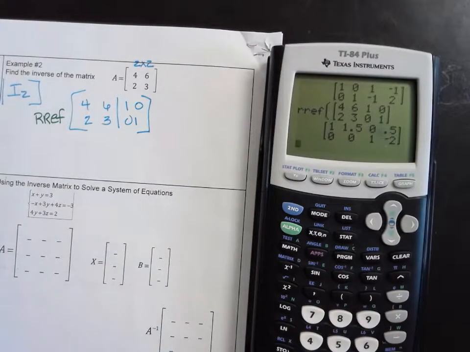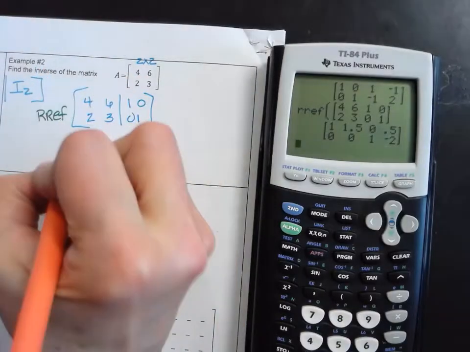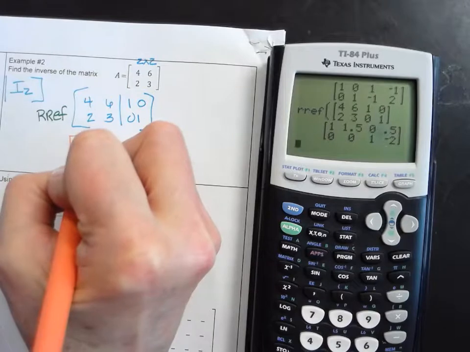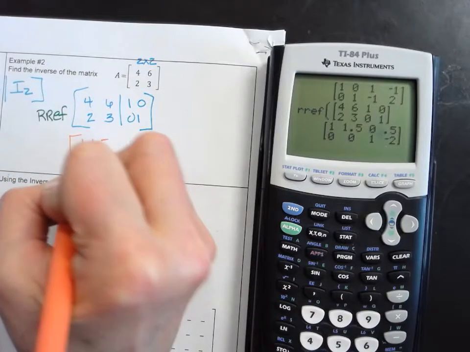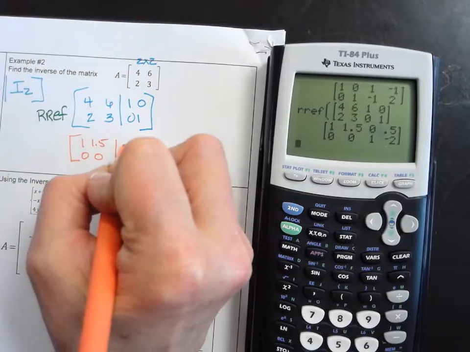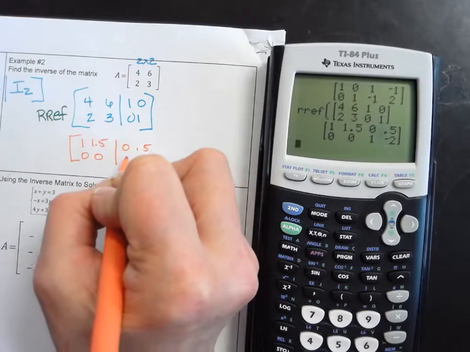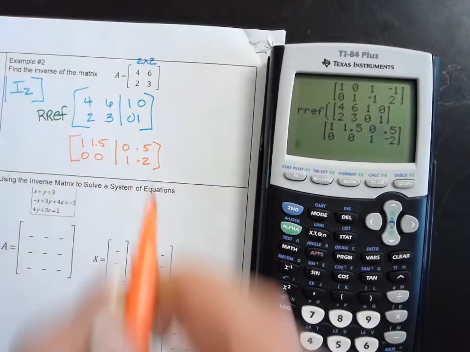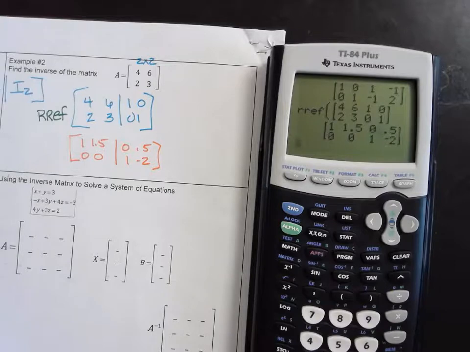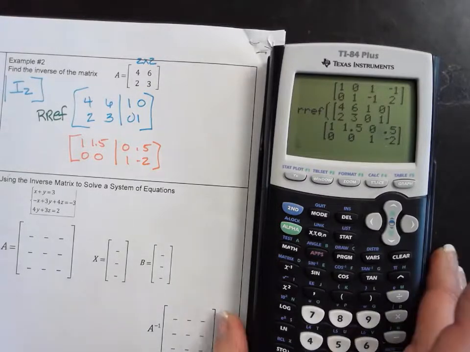And now I get 1.5, 0, 0, 0.5, 1, and negative 2. Okay.